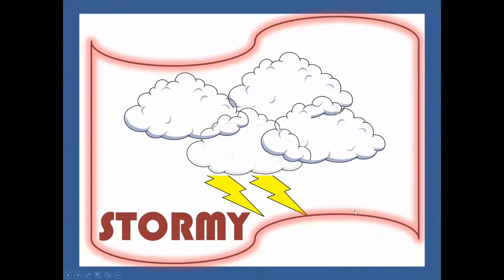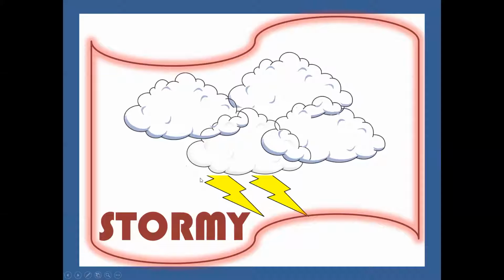Repeat stormy. Stormy. So stormy is like rainy. So usually there is water, right? There's rain, but a lot of times there's also thunder and lightning. So this here is lightning. Repeat lightning.